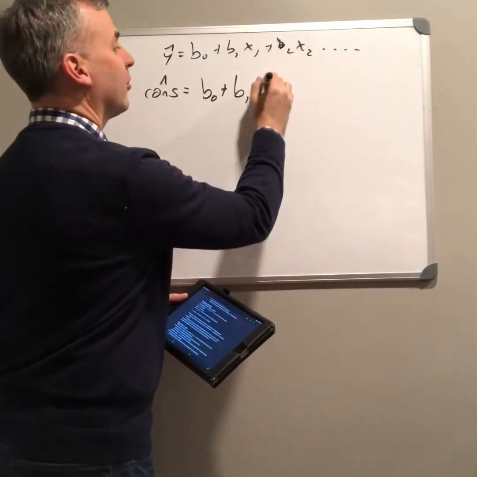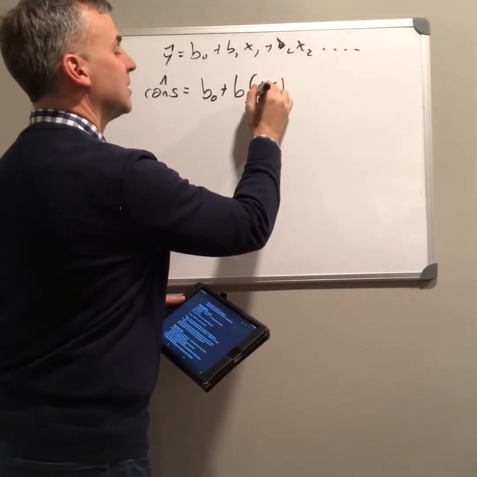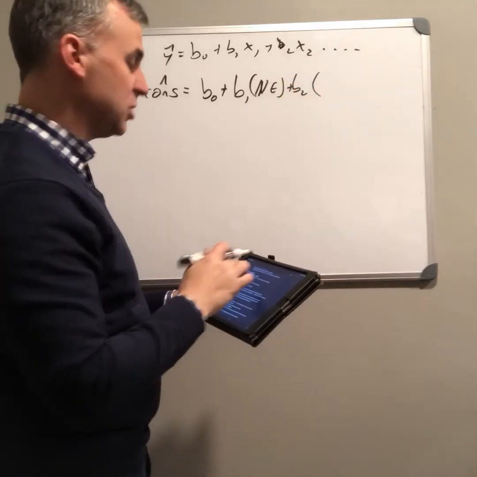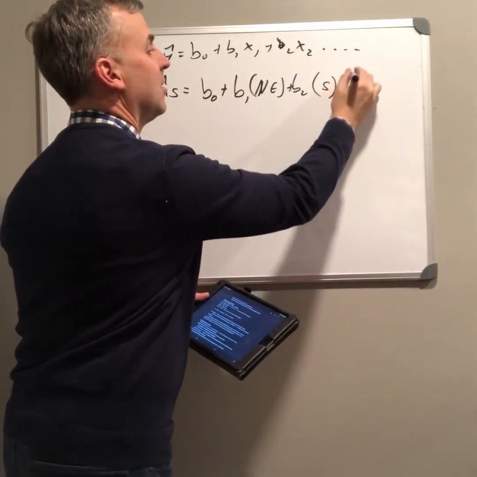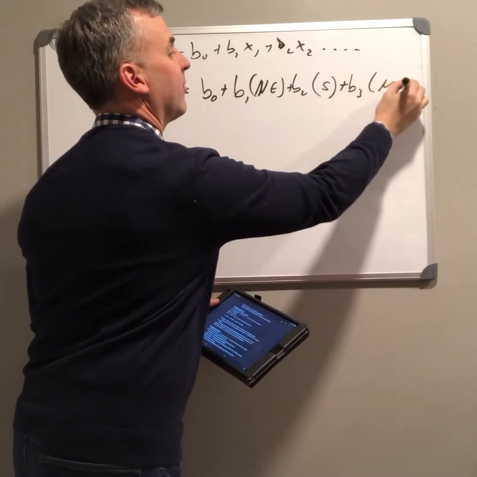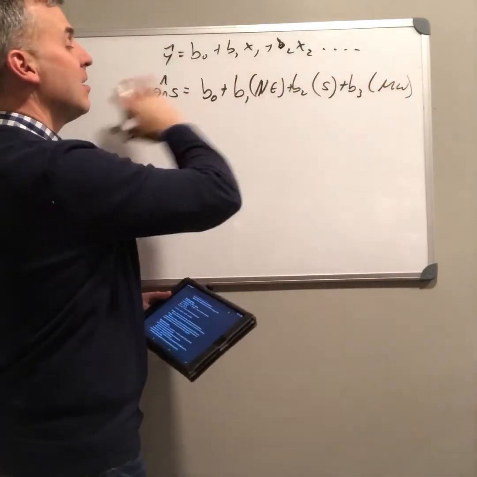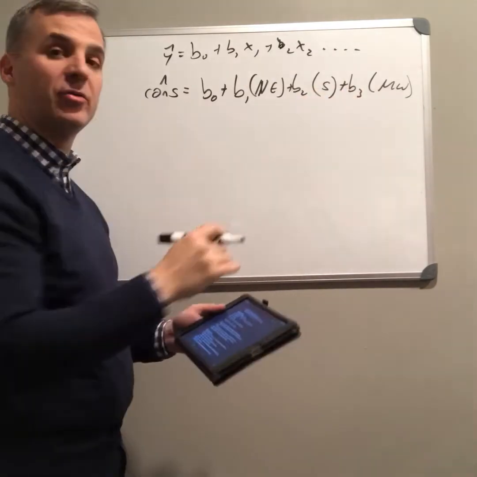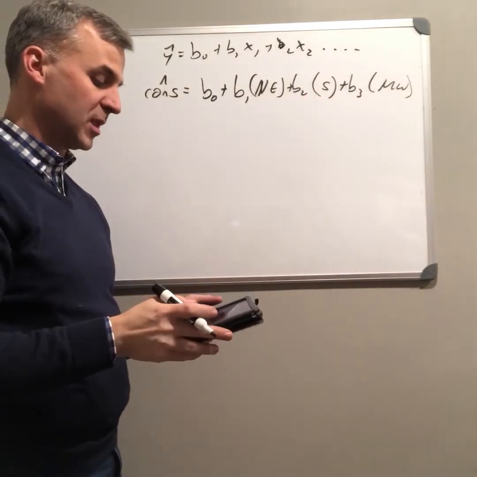Right, so I have a b1 for being from the northeast, times being from the northeast, plus b2 times being from the south, plus b3 times being from the Midwest. Again, being from the west is our reference variable here, and so it's not included in our regression equation.